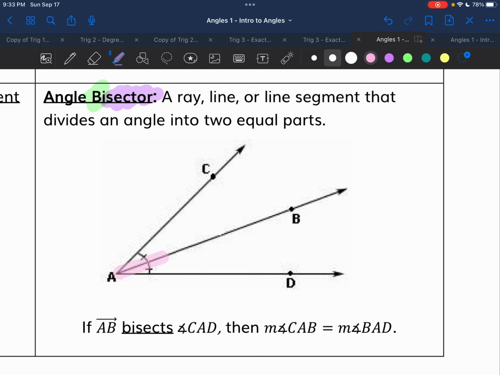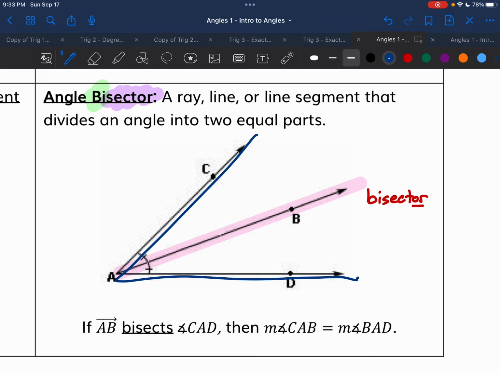The thing that we call an angle bisector is the knife that cuts through it. It's the thing that does the cutting. The angle that gets cut, of course, is the large one. But you can see the definition right below it.